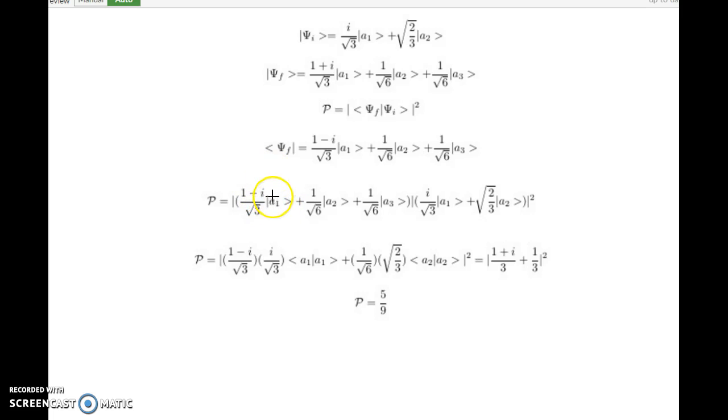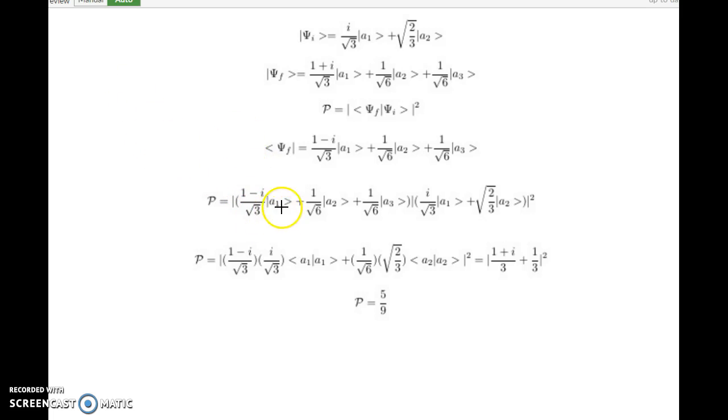when you have an A1 and an A2, that's just going to be 0. So it's not going to matter what the first part is because you're just multiplying by 0.